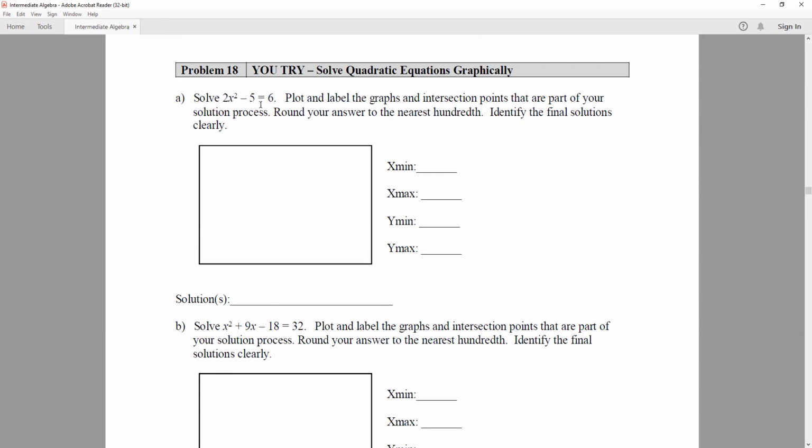Problem 18. Again, we are using the calculator, so I'm going to share the calculator.